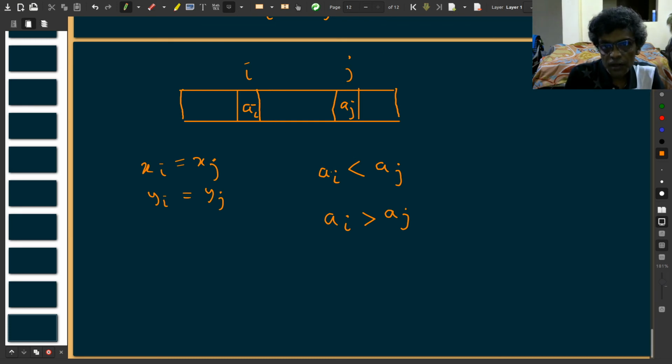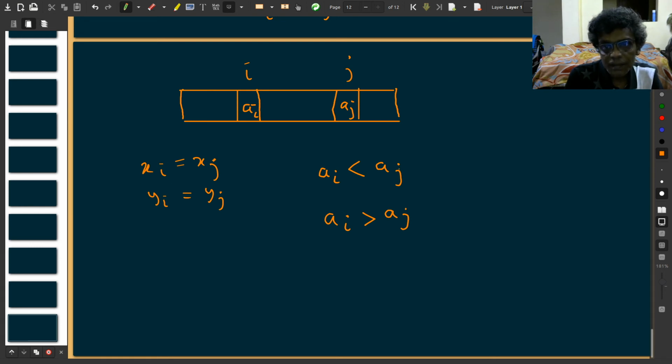If this condition holds, ai less than aj, then you see that this is an increasing sequence. The xi's are lengths of increasing sequences. So from the beginning to this ith position, you have already found an increasing sequence ending here of length xi.